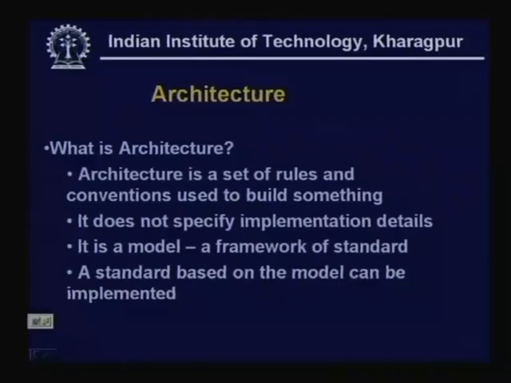Actually, an architecture will provide a framework of standard based on which something can be implemented. As we shall see, this network architecture will not really give you the implementation details. It will provide a framework of standard which can be followed and used to implement something.